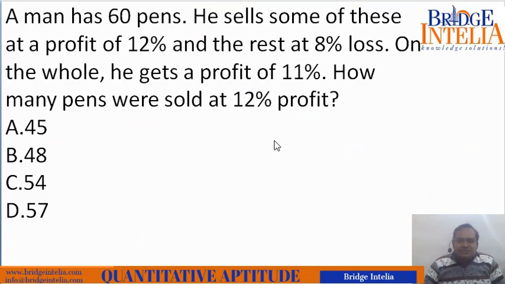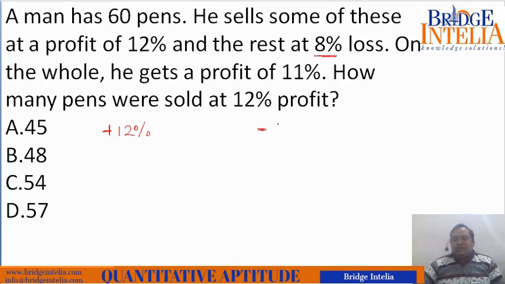Now let's have a look at this one. A man has 60 pence. He sells some of these at a profit of 12%. So profit plus 12 and the rest at a loss of 8%.